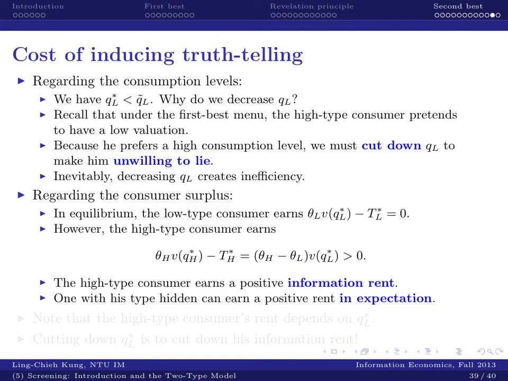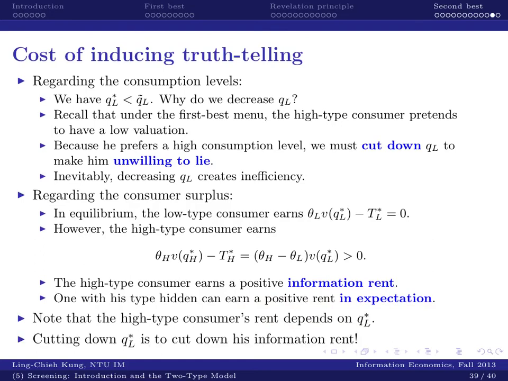Or we say a consumer can earn a positive rent in expectation, or on average, consumers get positive rents. This is how we say information asymmetry protects agents, or these consumers.